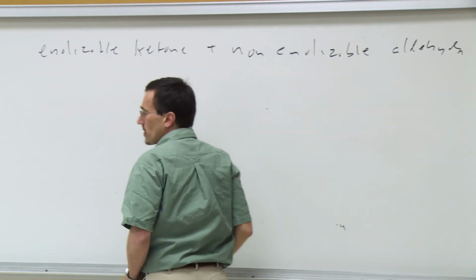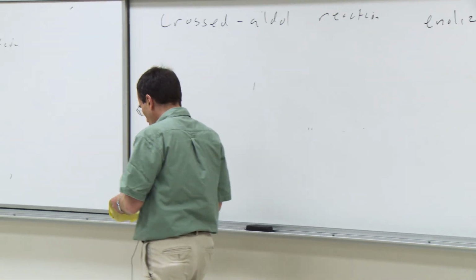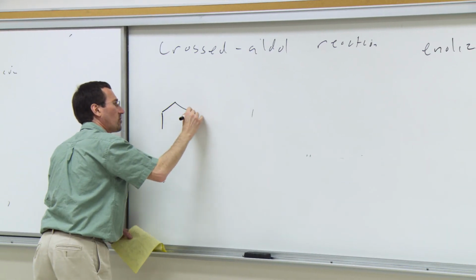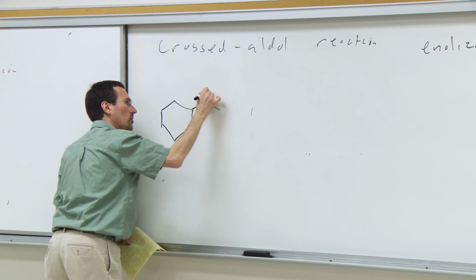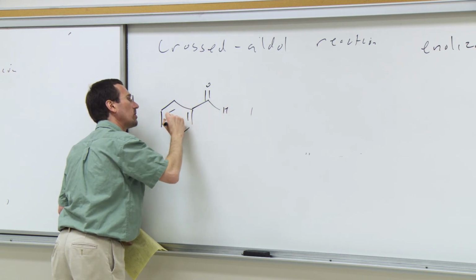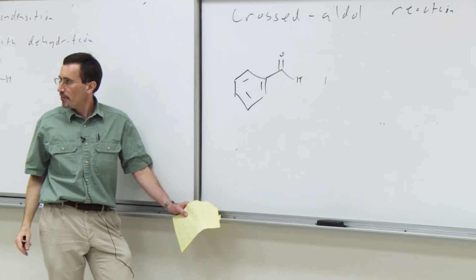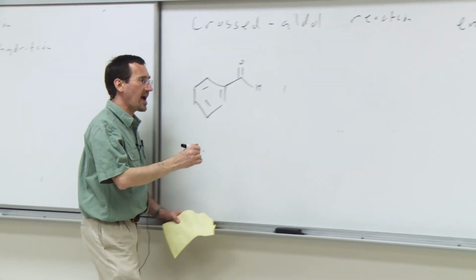And often this reaction can occur with control because aldehydes are more electrophilic than ketones. So only the ketone can generate the enolate, but the aldehyde wants to react more.